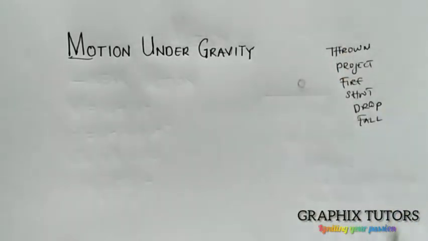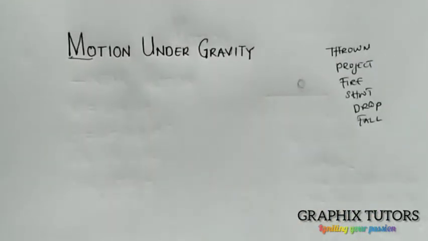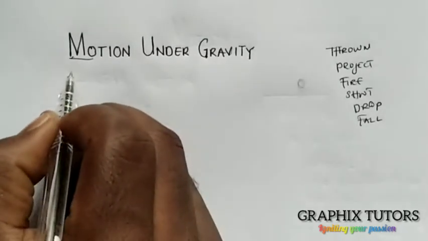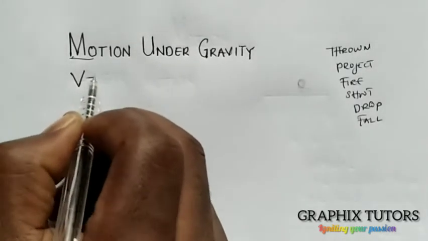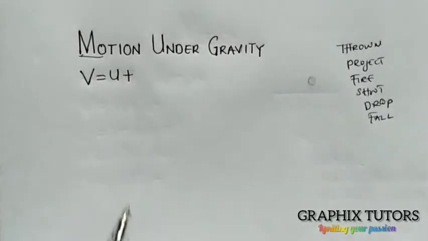When you talk about things like this, you're talking about motion, and objects that experience this kind of thing are always under the influence of what? Gravity. So what will you do? You know that in our other aspect, we talked about V is equal to what? U plus. Now our acceleration here will be under the influence of what?